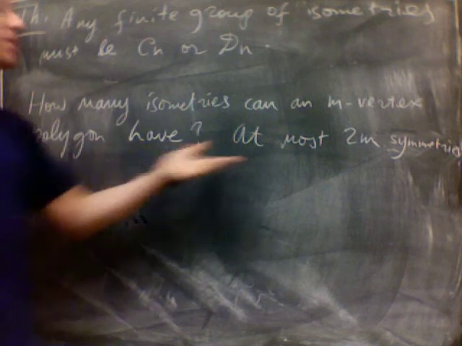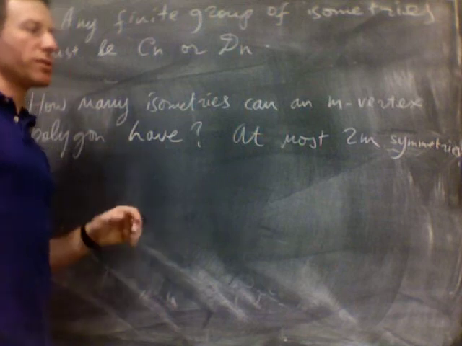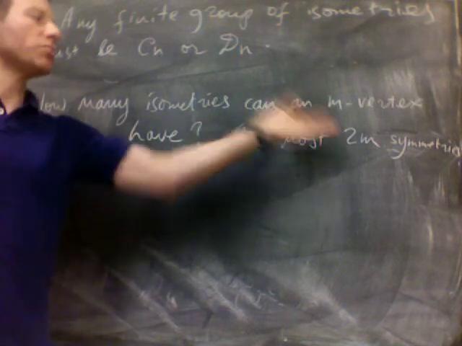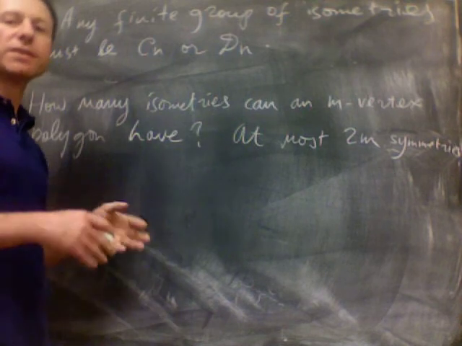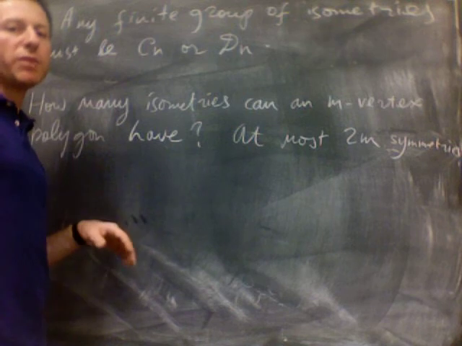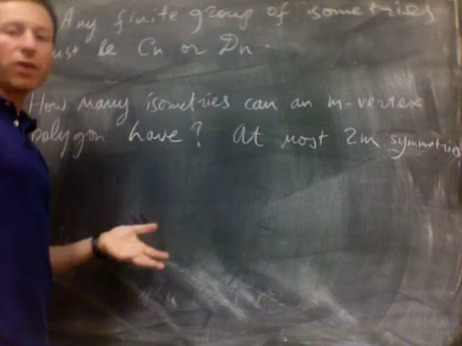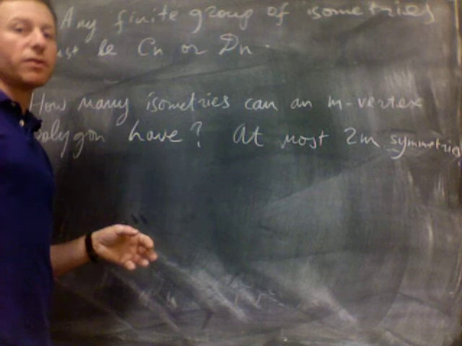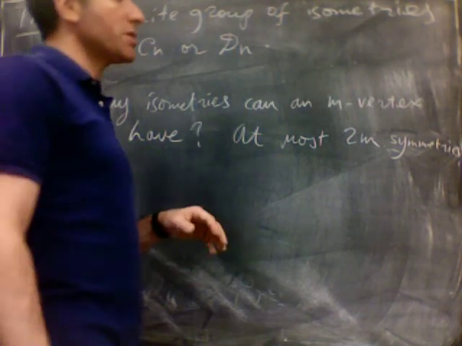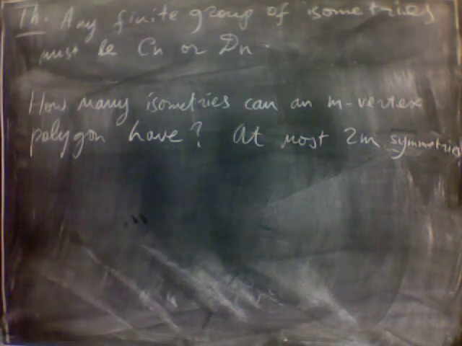But what does it mean? It means that any polygon has a finite symmetry group, in fact no more than 2m. The most highly symmetric polygons, the regular polygons, have full size symmetry groups, and others have less.